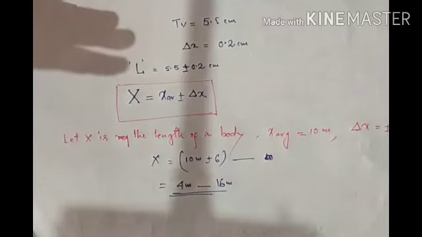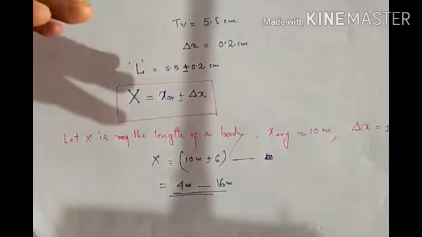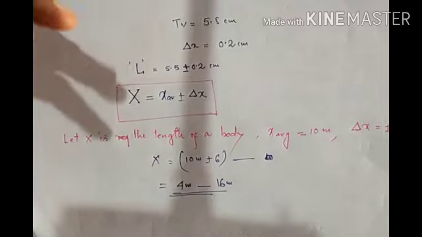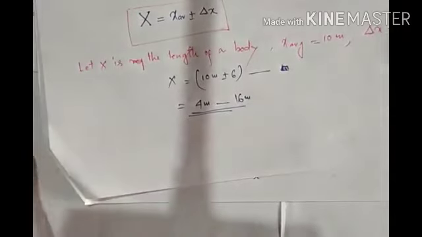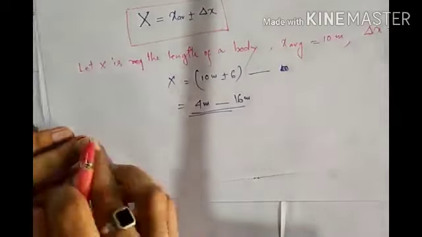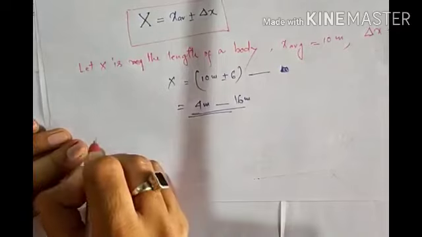We have to have a mechanism of finding out how much error has been committed, how much the error is in terms of percentage. For that we define another term, which is called fractional error.